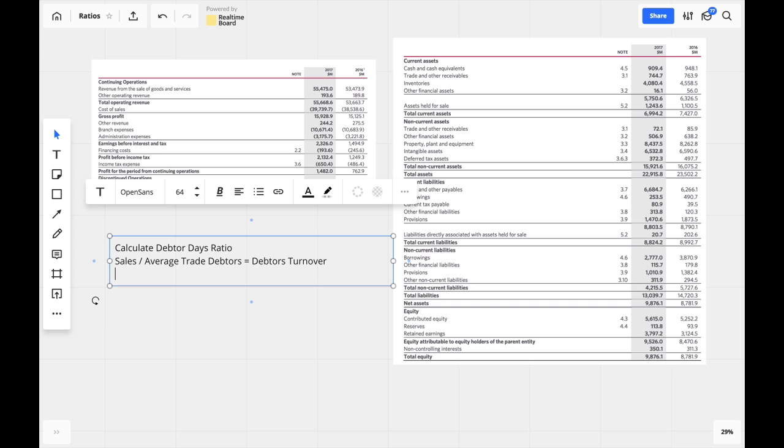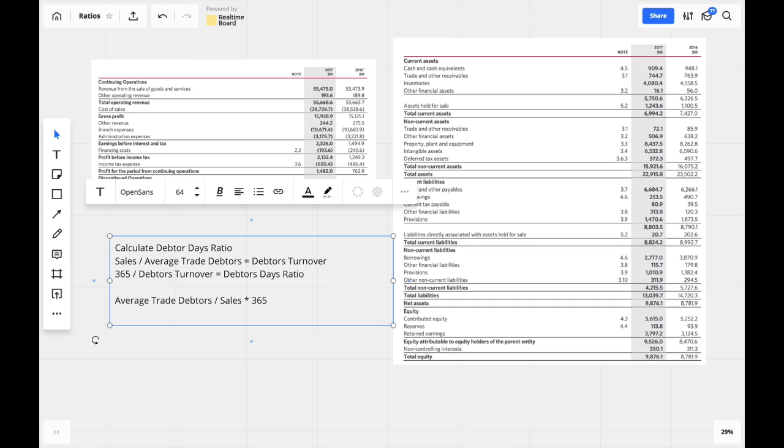If you then want to work out the actual number of days, you need to take 365 and divide that by your debtors turnover. That gives you your debtors days ratio. Another way to write this is to start with your average trade debtors, divide that by your sales, and times that by 365. It's the same thing.